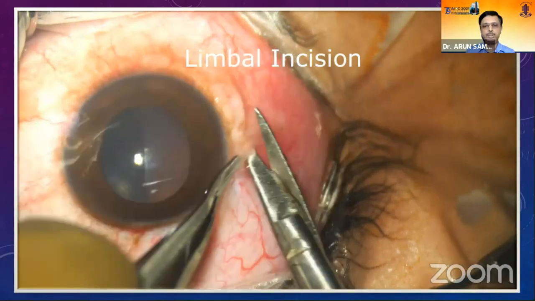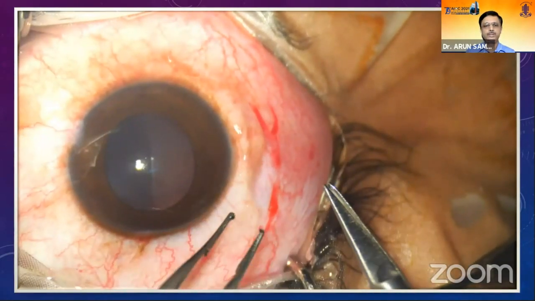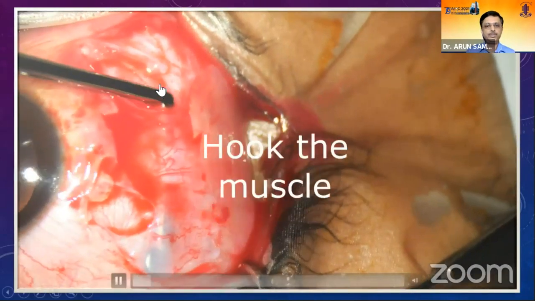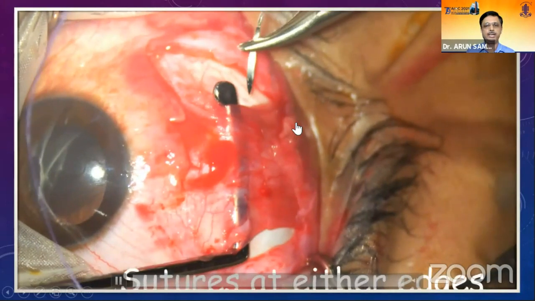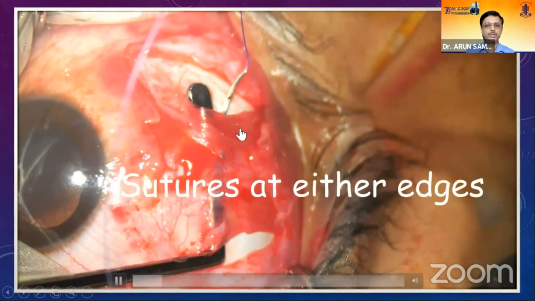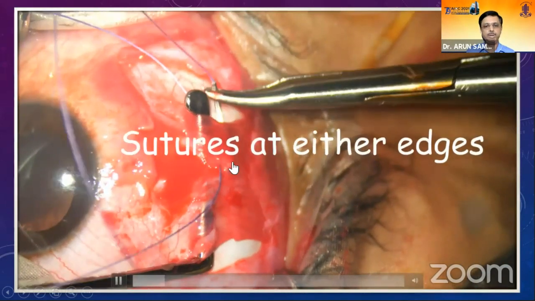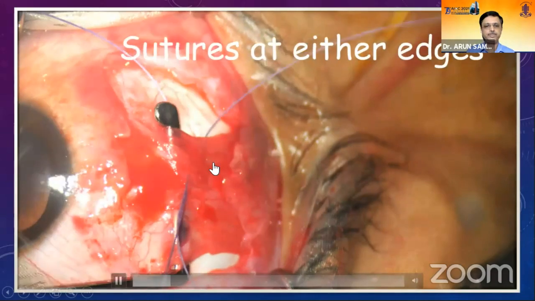As I said, I'll be using a limbal incision here. Then you hook the muscle. Once you hook the muscle, you dissect it from the surrounding Tenon's ligament. I also used two separate single arm sutures on either side of it. Some people use a single arm suture, the central bind.